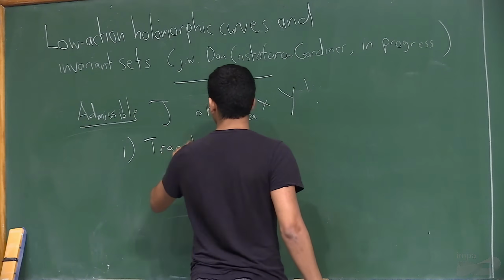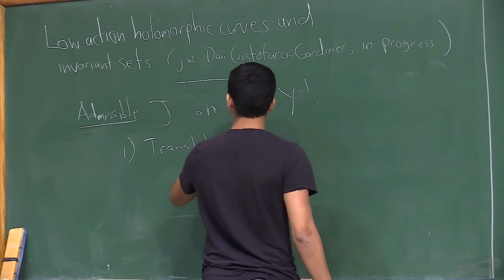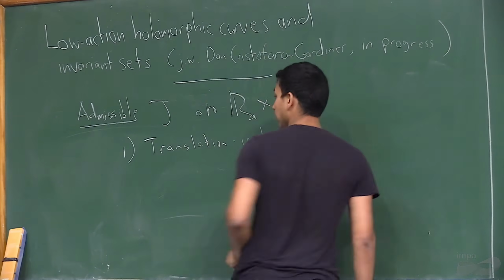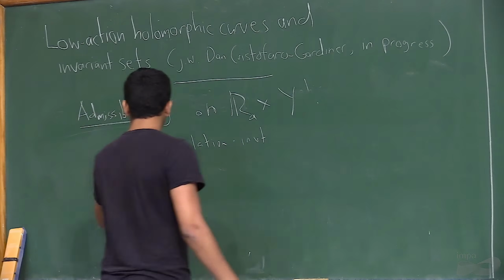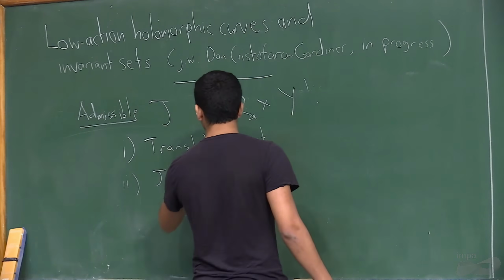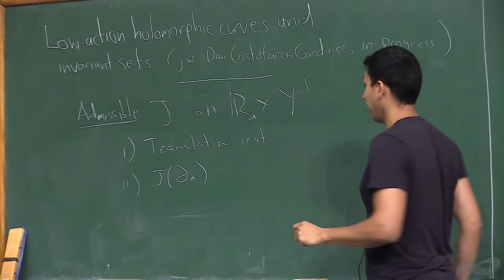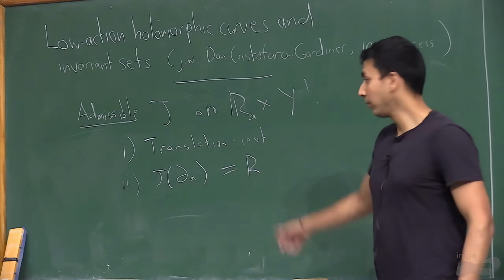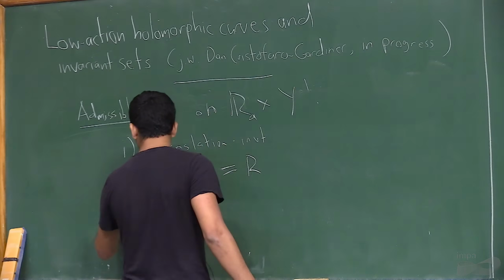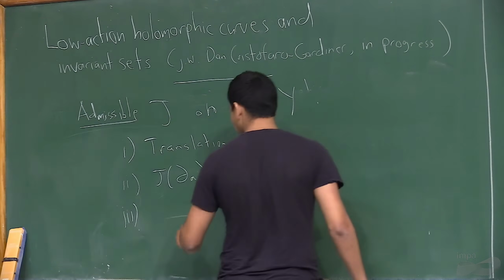First, it's translation invariant. Second, it incorporates the Reeb vector field. So J of the real coordinate tangent vector, d/da, is equal to the Reeb vector field. And then the third one is a little harder to state concisely.